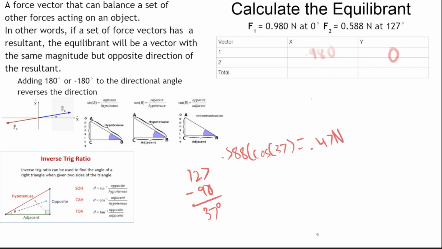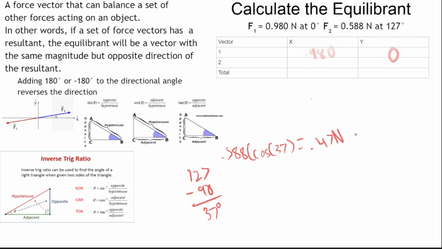Since we subtracted 90 and didn't subtract 127 from 180, we are actually going to get the west of north value. So if this was our direction, it would be west of north.